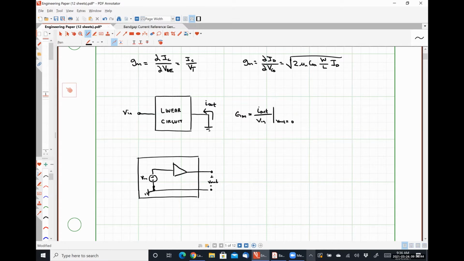We could use Norton's theorem to represent this circuit by its Norton equivalent, right? We have a linear two-terminal network. So we can represent any linear two-terminal network using Norton's theorem as a current source in parallel with a resistor, right?